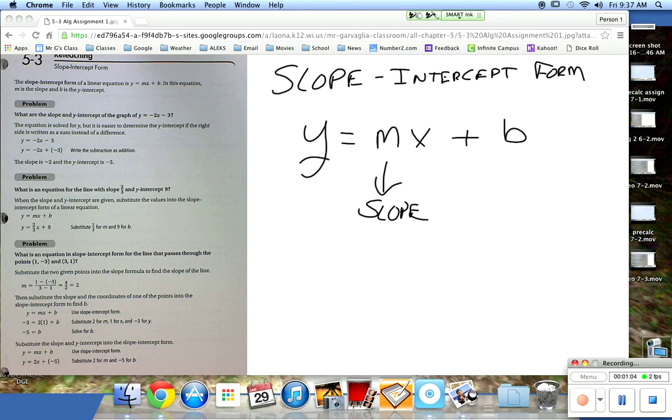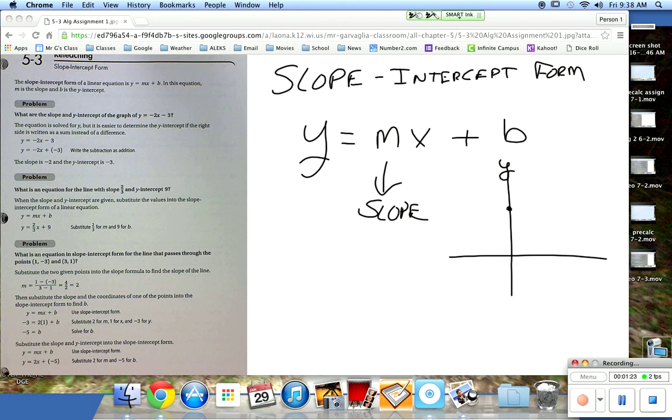What's my b? What is the y-intercept? Where it crosses the y-axis, right? So if I look at this and I have some point, here's my y-axis, it's wherever it touches.